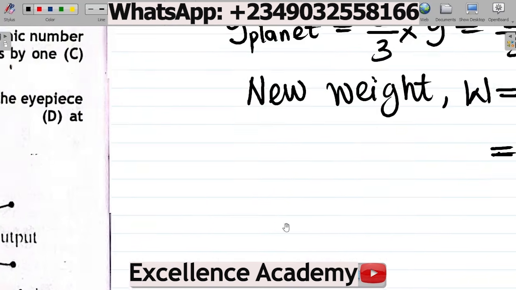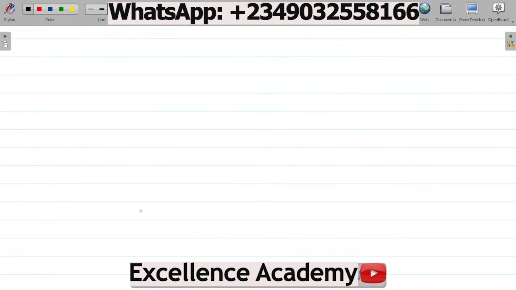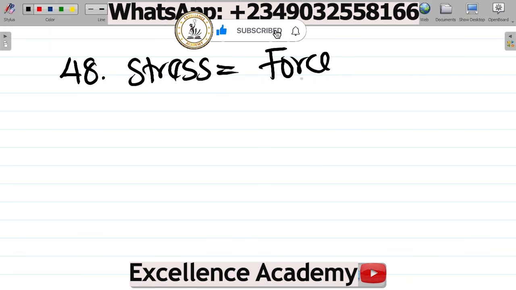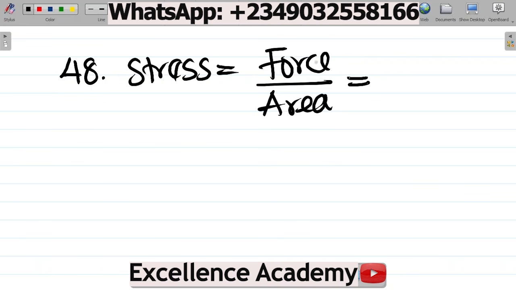Now, for question number 48, you want to take that stress is equal to force all over area, all right? By definition, it's simply the force acting per unit area. So stress is equal to force over area.